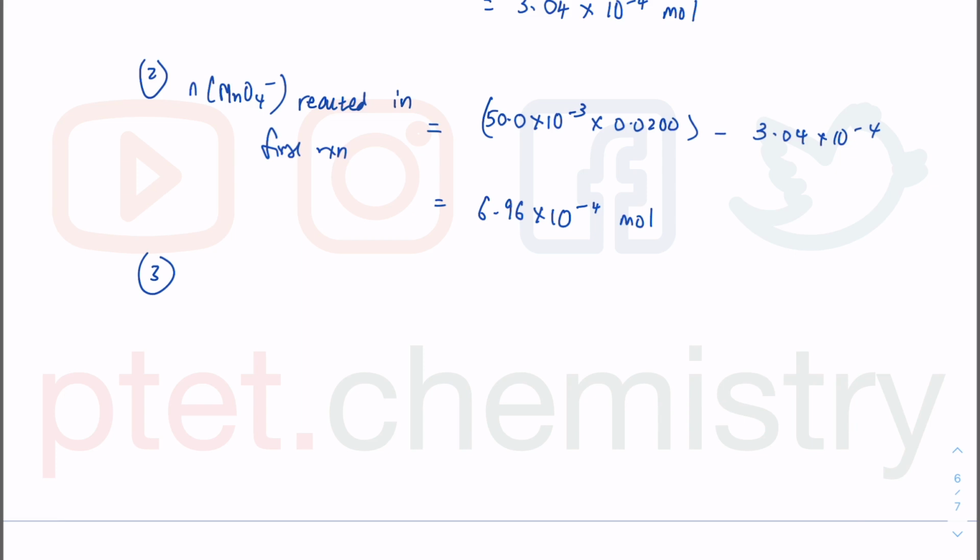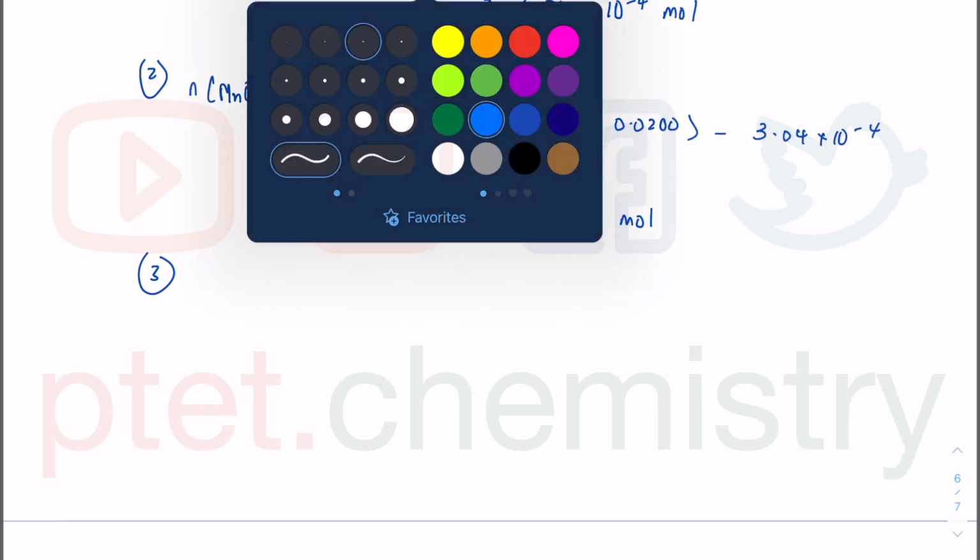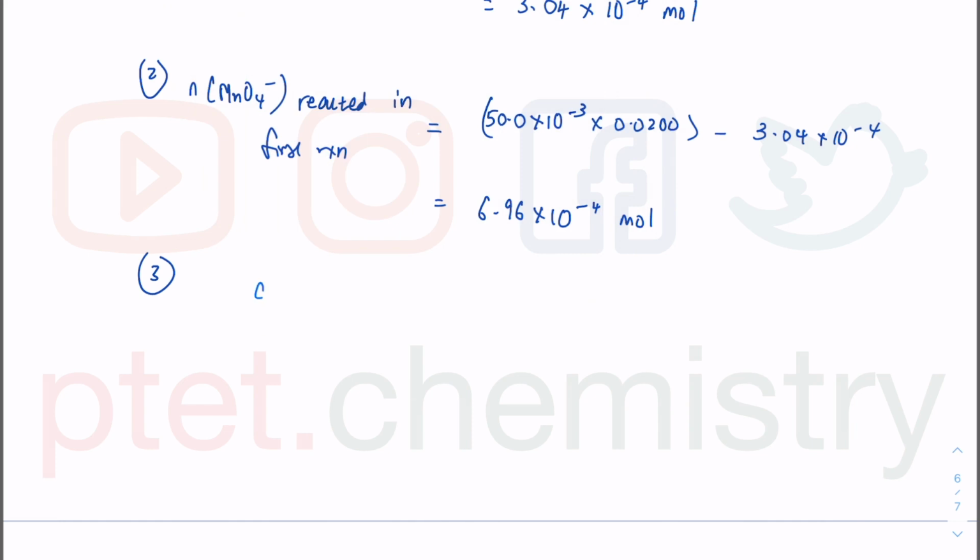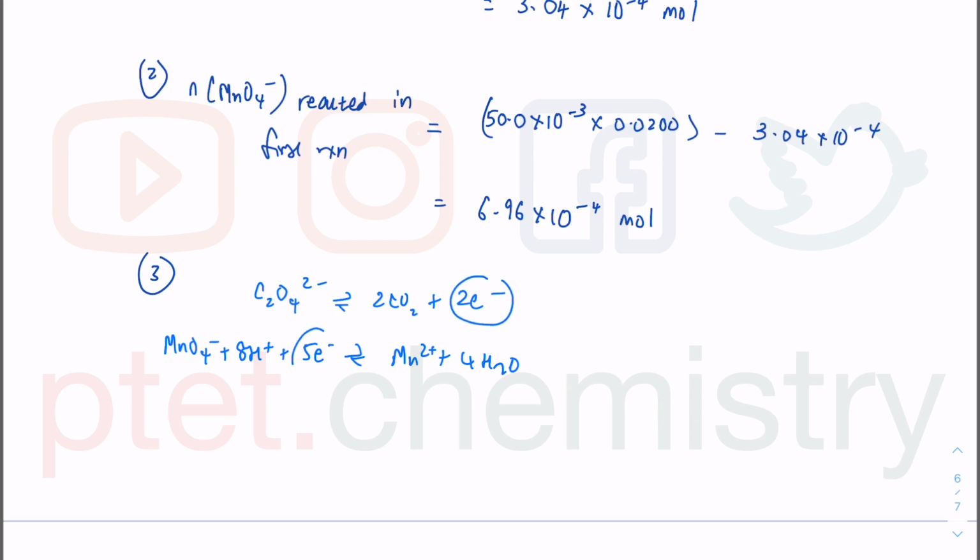In the first reaction, it's KMnO4 reacting with ethanedioate. If you compare the first two redox equations given, C2O4 2 minus going to 2CO2 plus 2 electrons, and MnO4 minus plus 8H plus plus 5 electrons giving you Mn2 plus 4H2O, without writing the whole balanced equation, which I really don't need to, there are 2 electrons here and 5 electrons there.